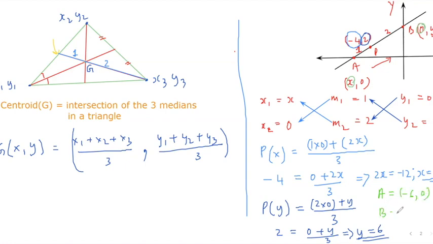And B's coordinates are 0 comma y, which is 0 comma 6. You got this? You understood this, guys? Yes, sir.